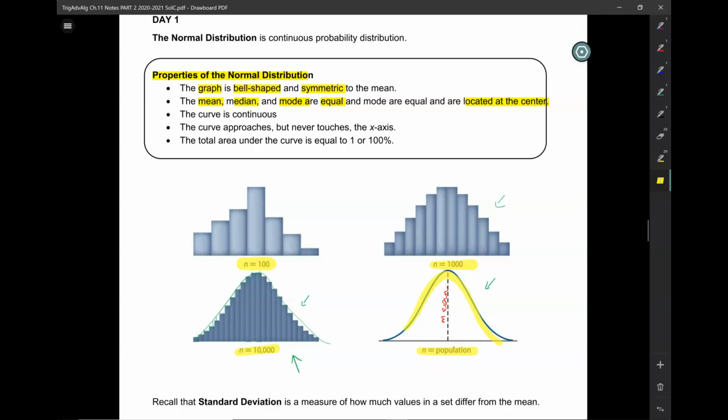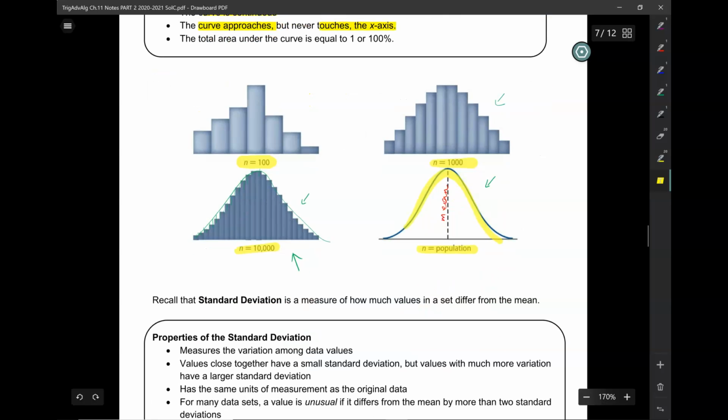And again, this happens when you have a much larger population than a smaller one. Also, the normal curve is continuous, meaning it's not discrete bars like this. It's actually a contiguous line. The curve approaches but never touches the x-axis. So you see here, the curve approaches the x-axis, but it doesn't really touch it.